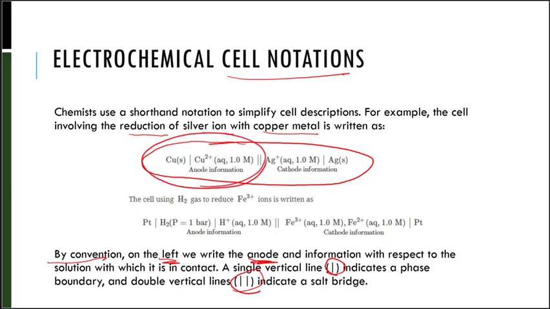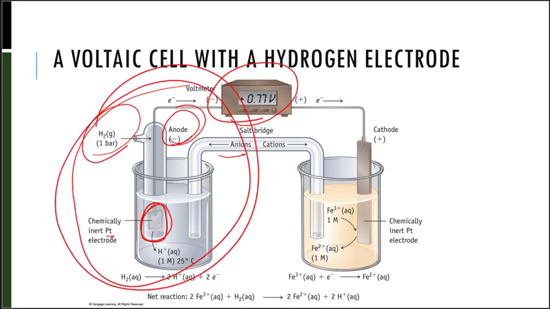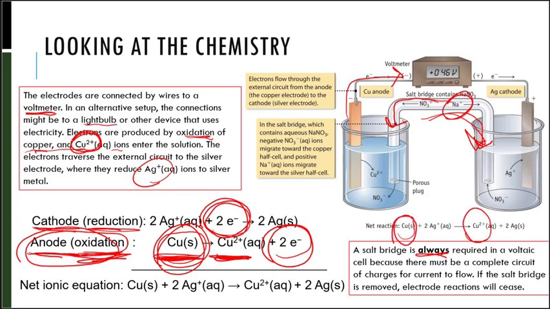So this shows me that on the left side of my cell, I have my anode. On the right side of the cell is the cathode. Going back to this reaction, remember that my copper anode, because it's been oxidized, went from solid copper to copper plus 2.